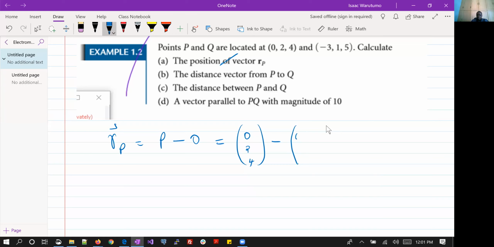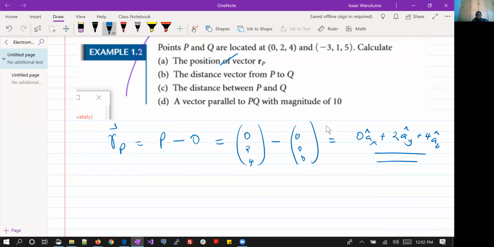This is 0, 0, 0, and you get 0 in the AX direction, plus 2 in the AY direction, plus 4 in the AZ direction. This becomes the position vector RP.